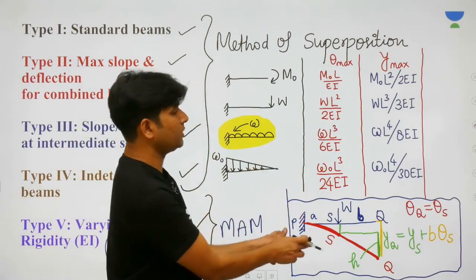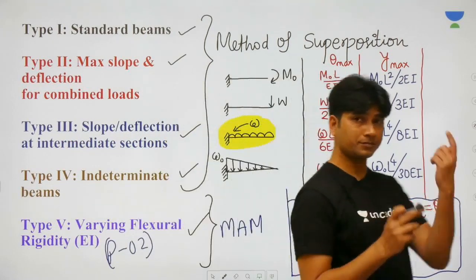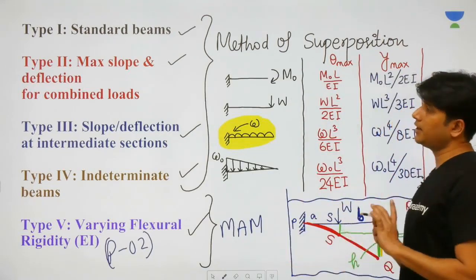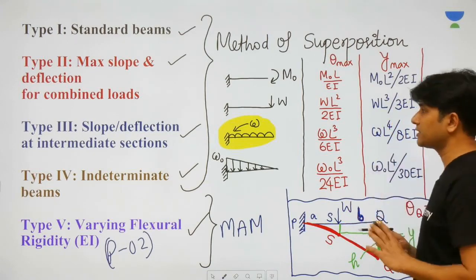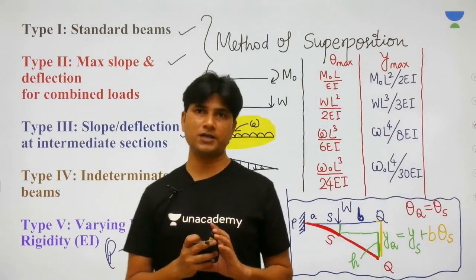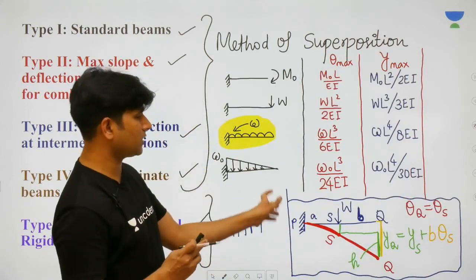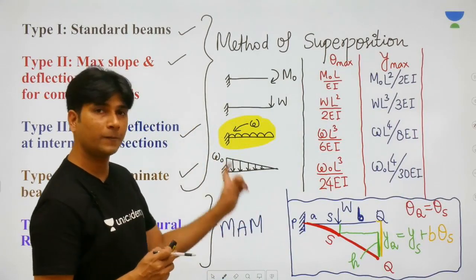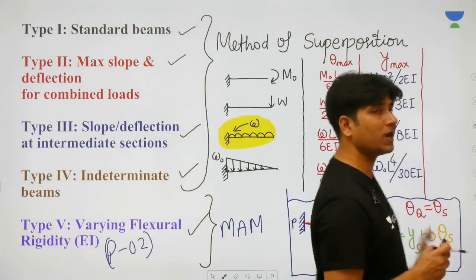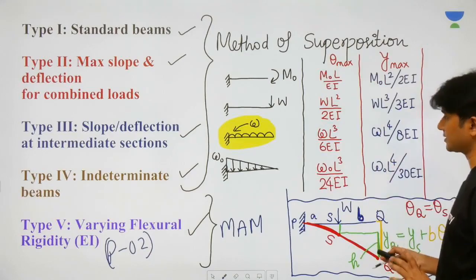I repeat once again, this is a funda that I described in part 1 of this playlist, where I have already considered example number 2. There you can go and have a mastery over this particular concept.